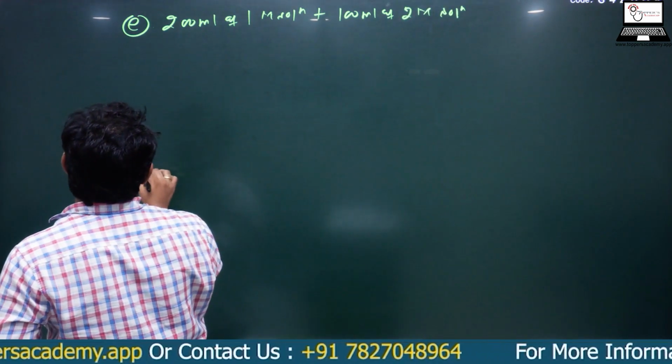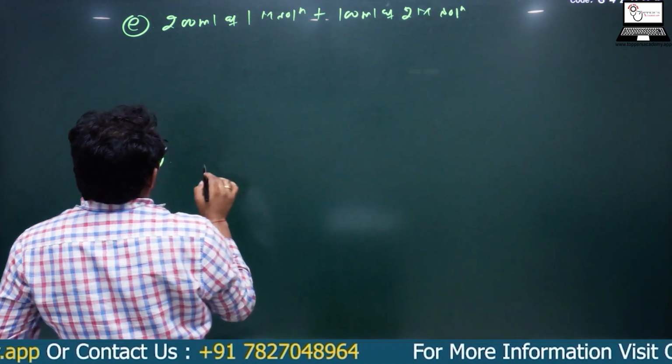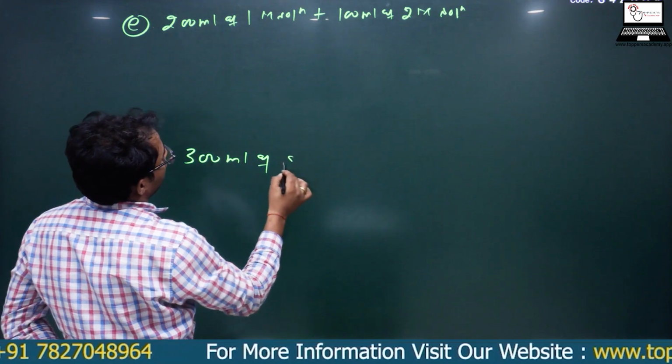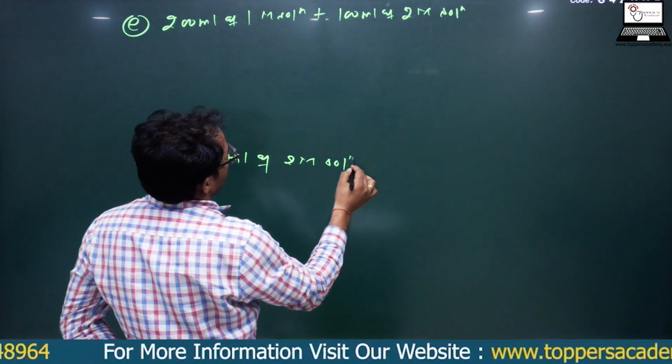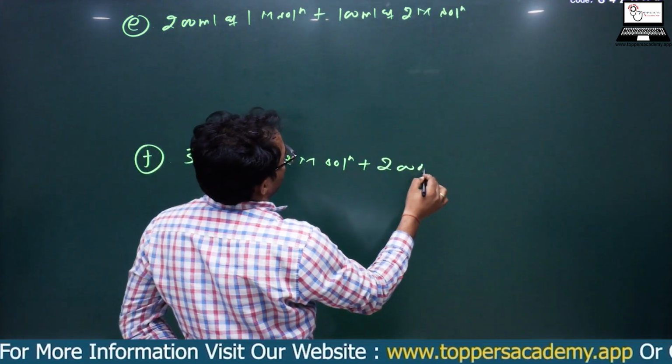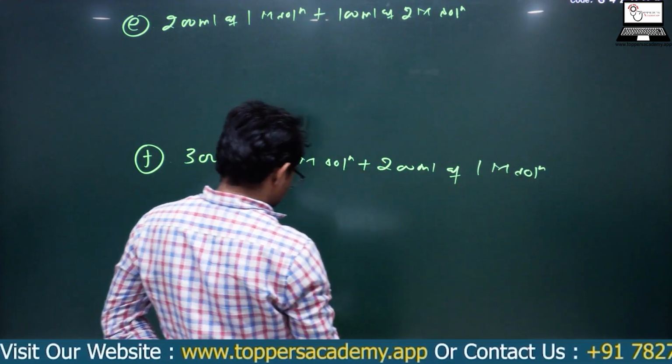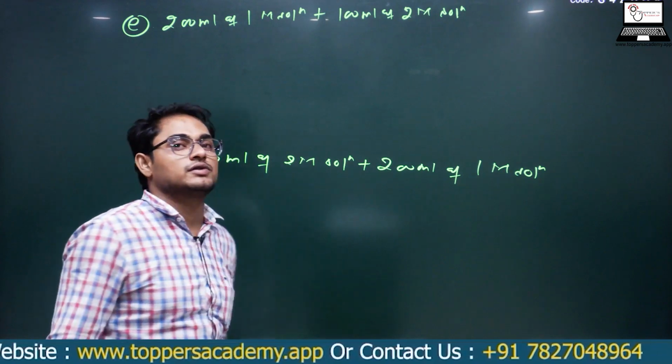A, B, C, D, E, F. You have taken 300 ml of 2 capital M solution and you have added it with 200 ml of 1 capital M solution. So my dear students, please see how to solve this problem.